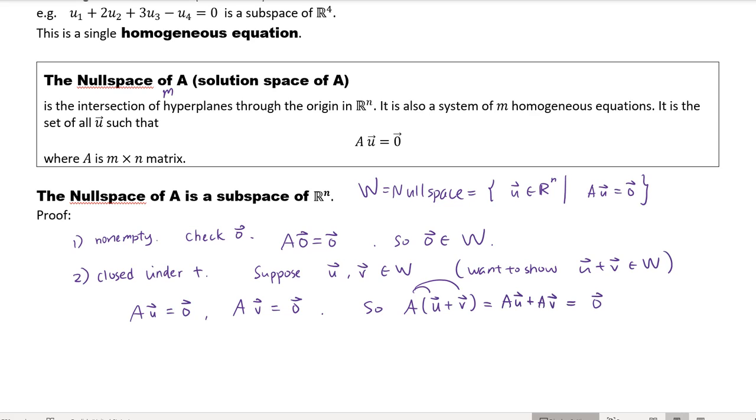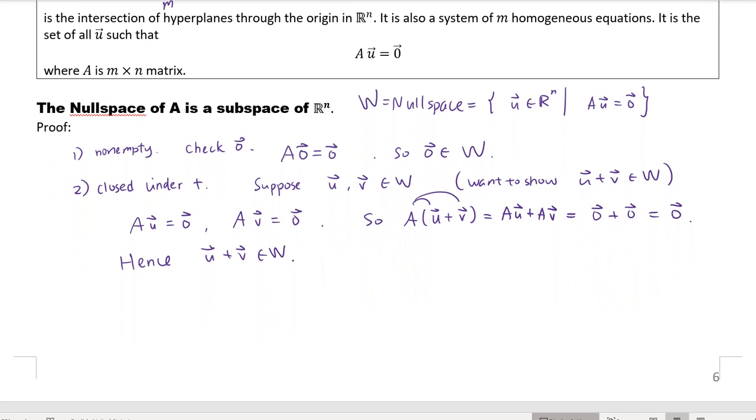Au is 0, Av is 0, so 0 plus 0 is 0. Hence, because A times (u plus v) is 0, u plus v is in W. So this is closed under addition.